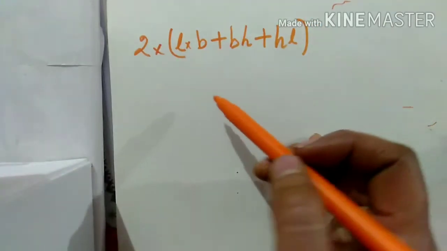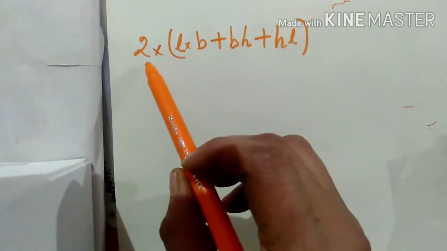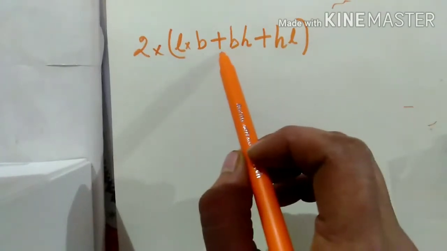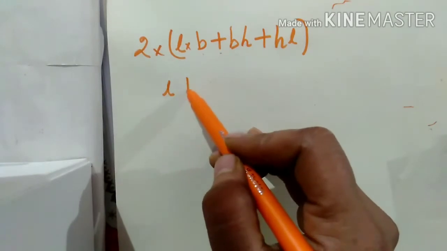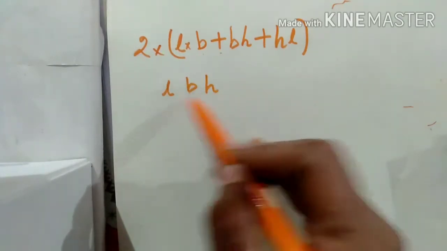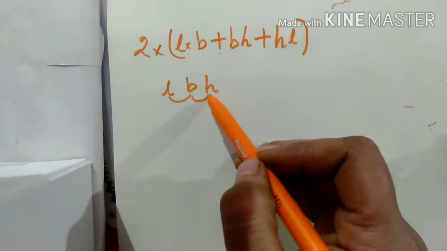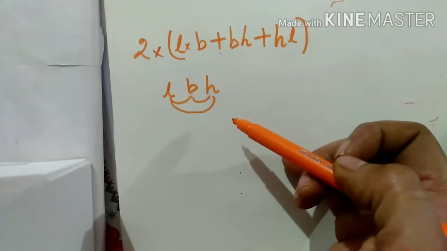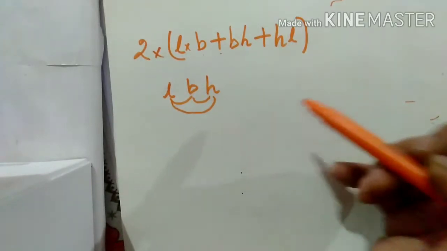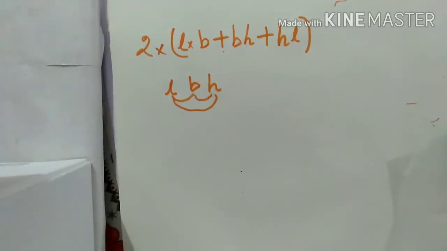The total surface area of a cuboid is given by the formula 2 into LB plus BH plus HL, where length, breadth and height are taken in cyclic order. This way we can find the total surface area of a cuboid.